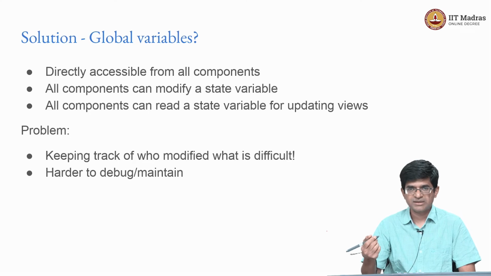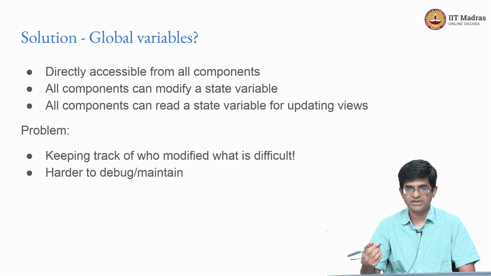Now the problem is, just like global variables in any programming language that you would have worked with, they are a maintenance nightmare. Once again, is it wrong to use them? Of course not, because when you go down and look at it, ultimately at the assembly language level, everything is a global variable. The system has access to a pool of memory which is then carved up into different storage areas.